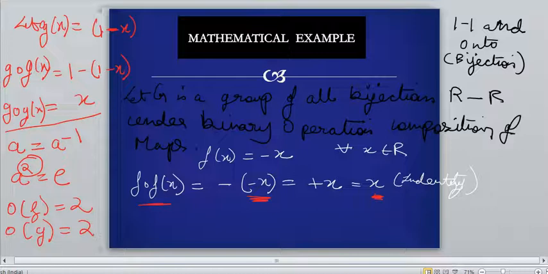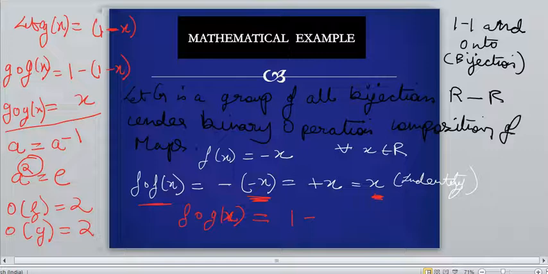Now if I do f of g, what happens? Let's find out f of g of x. That means I need to put g of x into f.